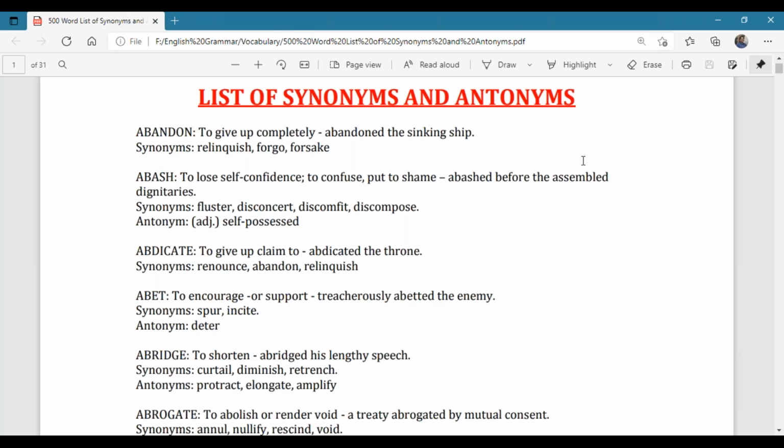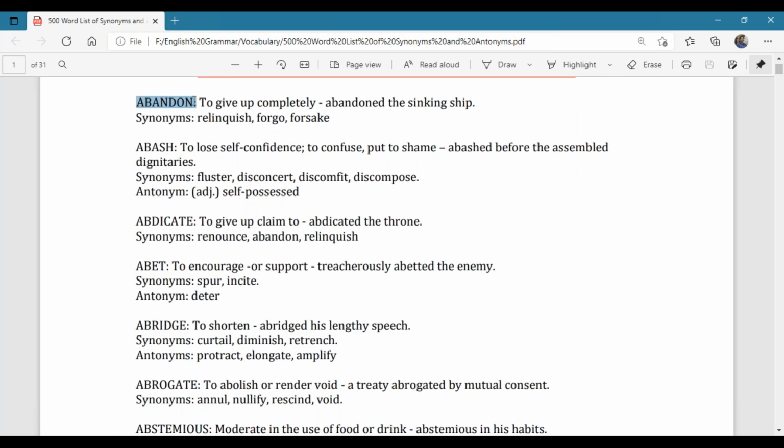Absolutely correct. So a synonym is, for example, a word present here, like abandon. The meaning of abandon is to give up completely, to leave a person or to leave something behind. Words that almost obey the same meaning as the word are called synonyms, whereas words which give you the opposite of it are called antonyms.